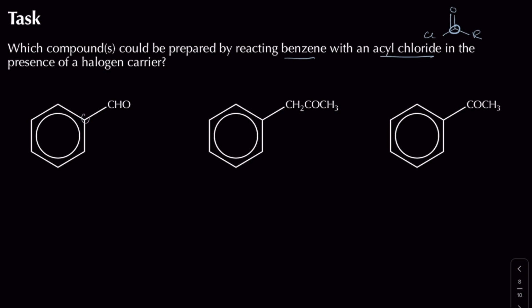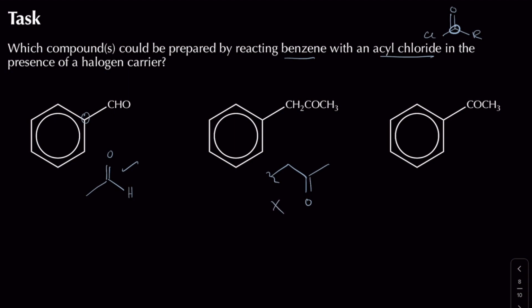In this case, this bond is going towards a carbon atom that's bonded to a double-bonded oxygen, and we've got a hydrogen atom over here, so that looks plausible. Looking at the next one, we've got a carbon atom again, but this time that carbon atom is bonded to another carbon atom where we've got our oxygen double bonded, followed by another carbon atom, so it wouldn't work for that one.